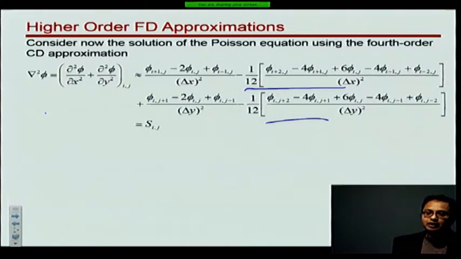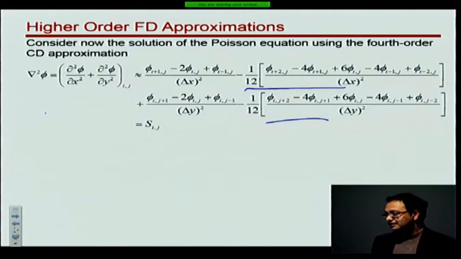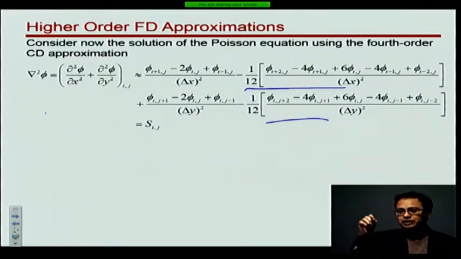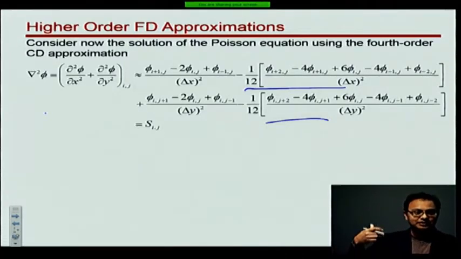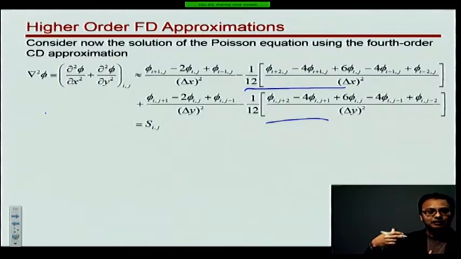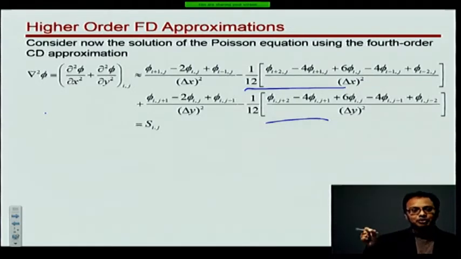One nice thing is you can write a central difference code and then you can put a clause saying if higher order, then add such and such terms to my diagonals and off diagonals. So in other words, you assemble the matrix for the standard central difference first, and then you say if higher order, then make these modifications to the diagonals and off diagonals. It's like a switch.